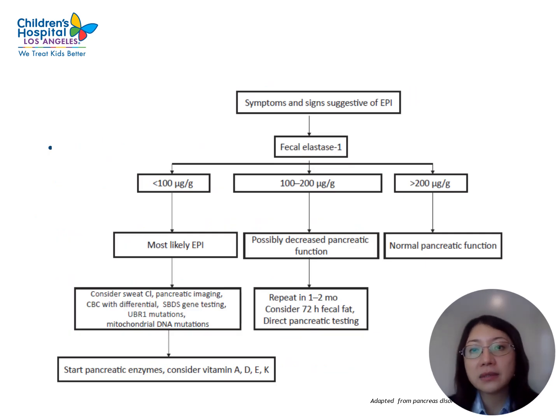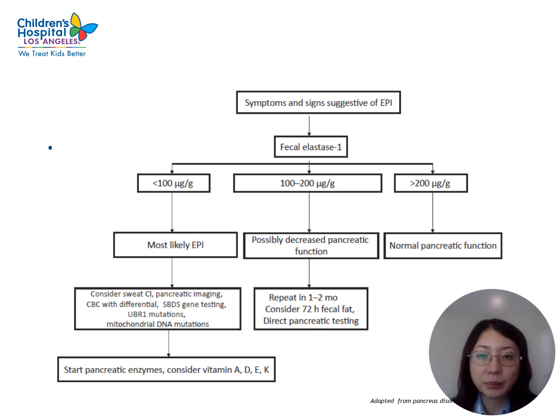For patients you suspect of EPI, you send fecal elastase 1. If the number is less than 100 micrograms per gram of feces, then most likely this patient has EPI. Then you want to expand your workup to look for etiologies of pancreatic disorders or other etiologies, and you may want to start Creon and fat-soluble vitamin supplements.